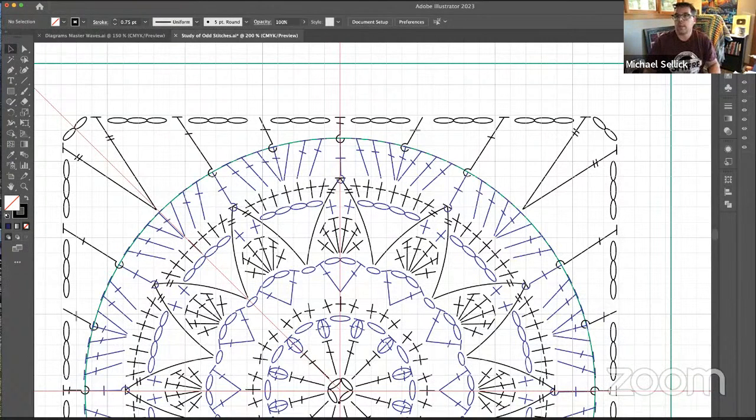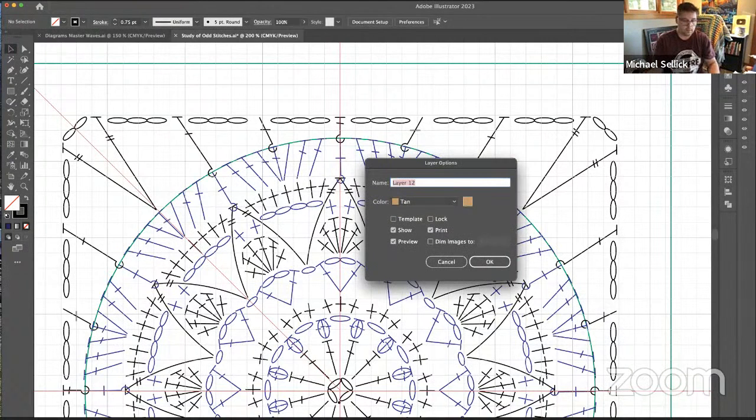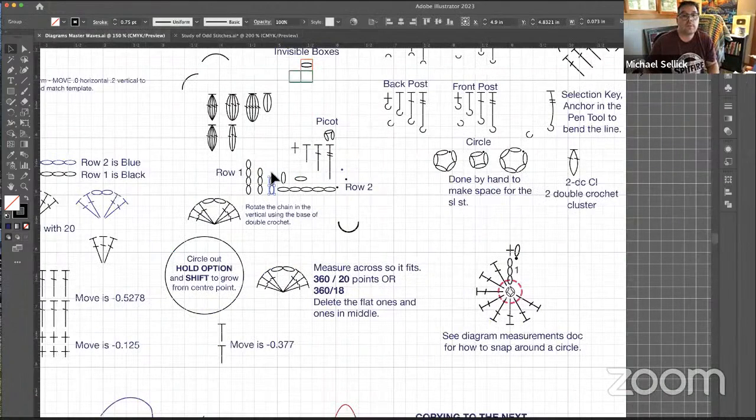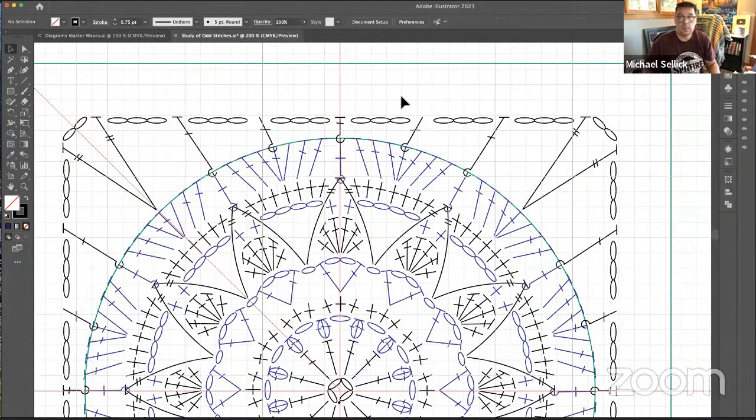I'm going to add another layer, round 10. And round 10, we're using different size stitches. So round number 10, we're using the whole gamut of stitches. So we need all of them. They need to be blue.